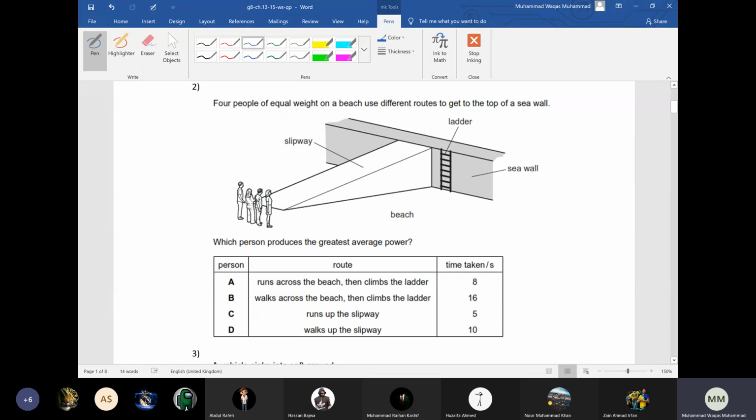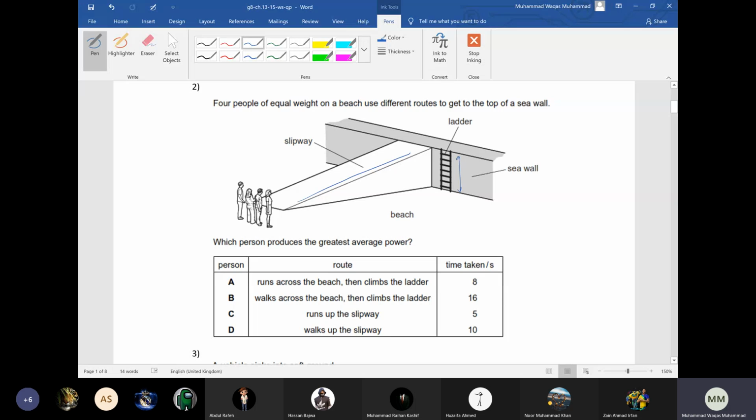The distance covered in the direction of force is the vertical height, no matter the route. So distance covered is also the same. It means they all do the same work, right or wrong?